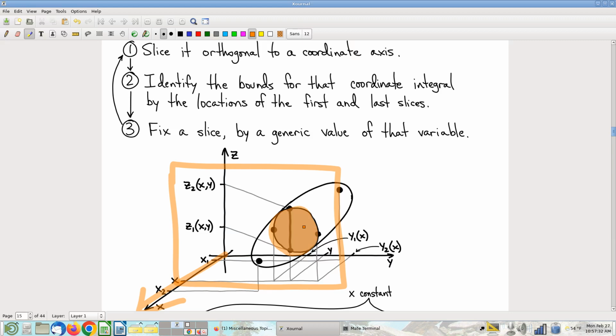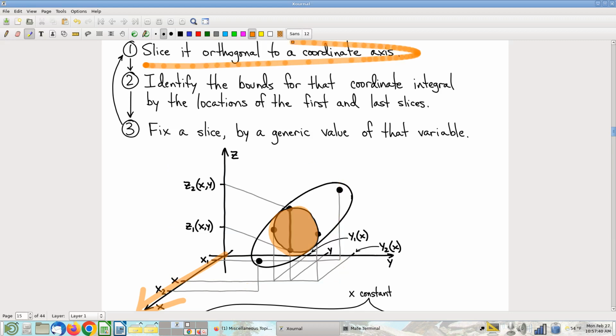That's what our x slices of this random arbitrary solid look like. So we slice orthogonal to our outside variable axis. Next, we identify the bounds by looking at the first slice and the last slice in that slicing process.